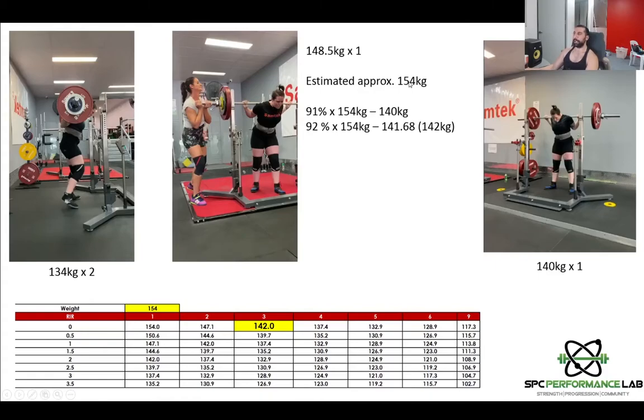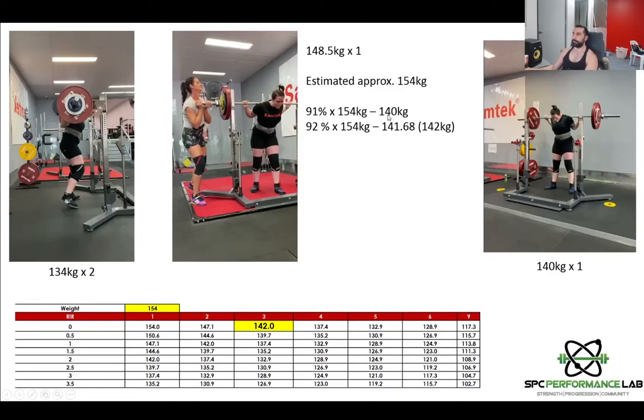Okay, so now as we said, we can use percentages or the estimated 1RM sheet, this is an RPE chart, to work out what is going to be around a triple. Okay, so if we said something between 91, 92, 93%. If we go 91% times 154, that's going to give about 140 kilos.